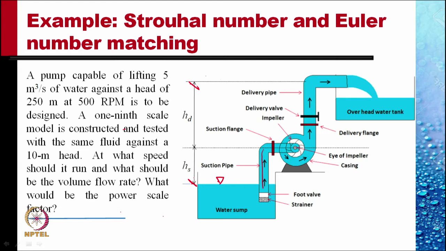A 1/9 scale model, KL is equal to 9. Length of the prototype divided by length of the model is 9. A 1/9 scale model is constructed and tested with the same fluid against a 10 meter head. So instead of 250 meter head, we deliver against a 10 meter head.